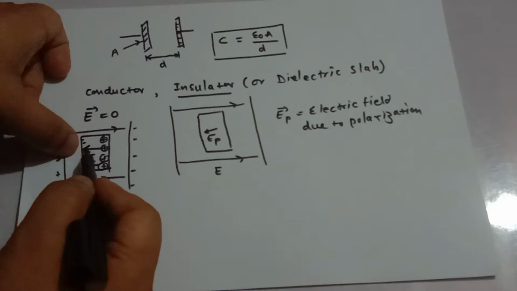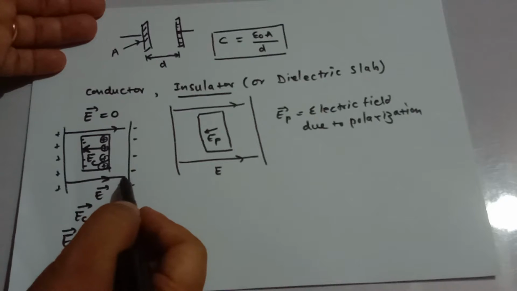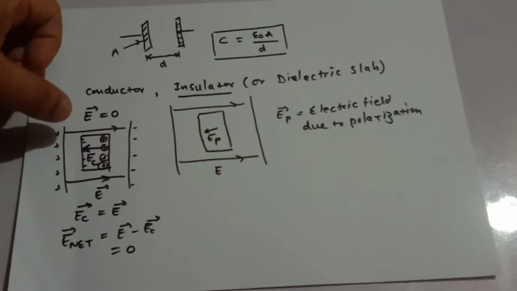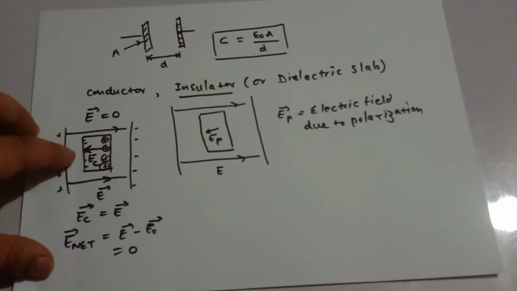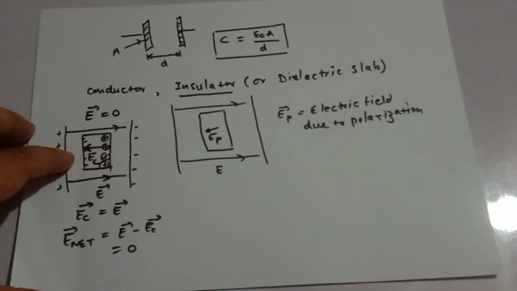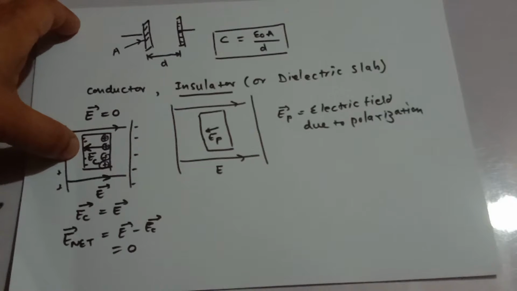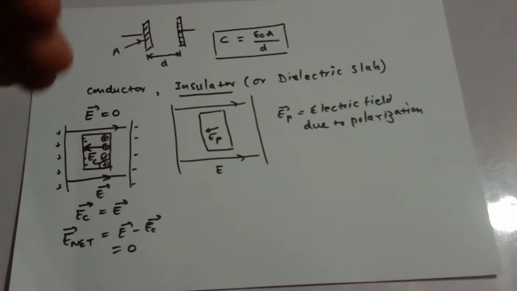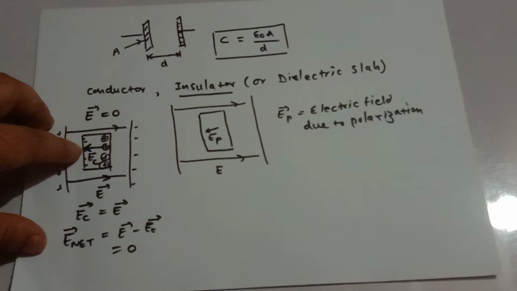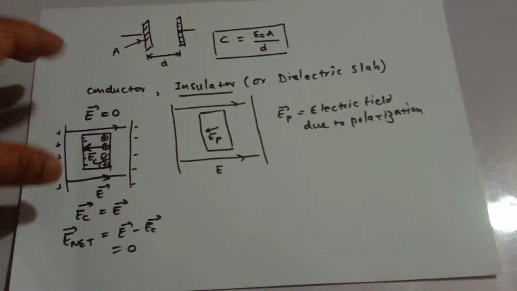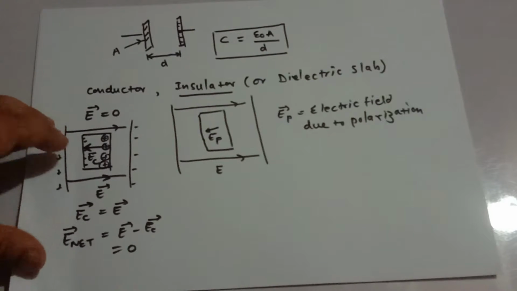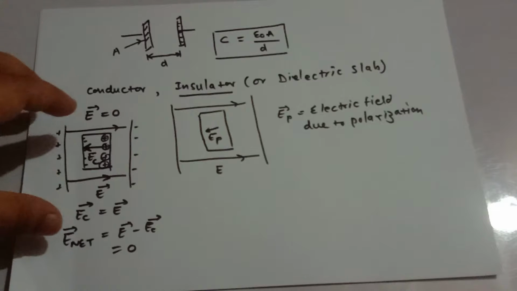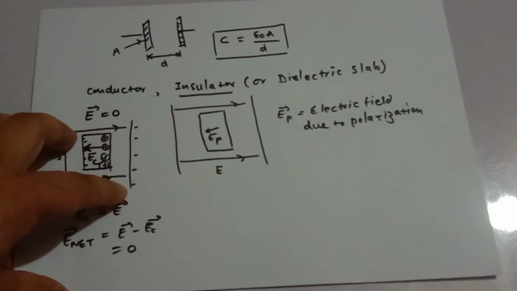The strength of this electric field is equal to the strength of the external one, because the electrons inside a conductor are plenty in number. So the negative charges inside the conductor set themselves in such a configuration that they set an electric field equal and opposite to the external electric field.